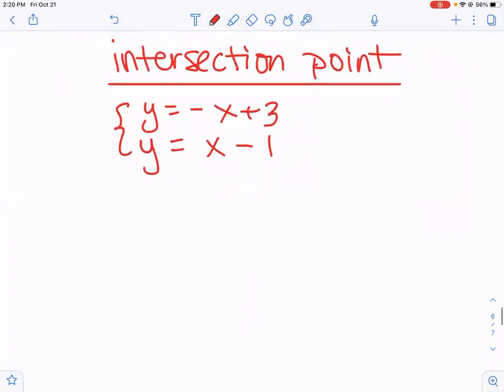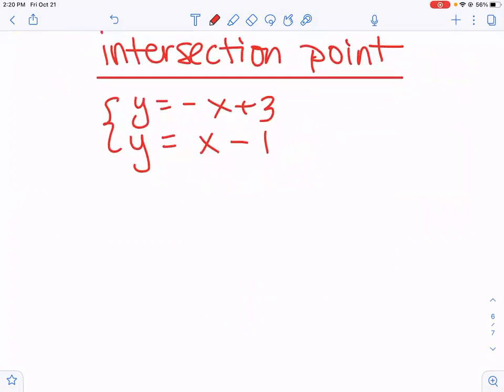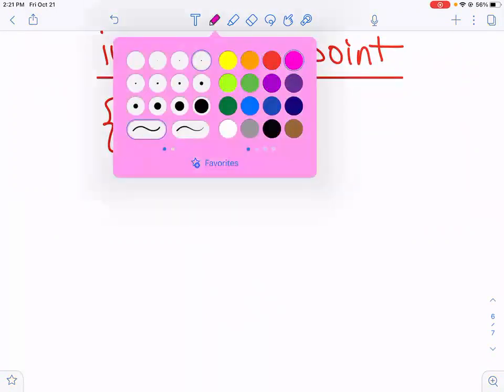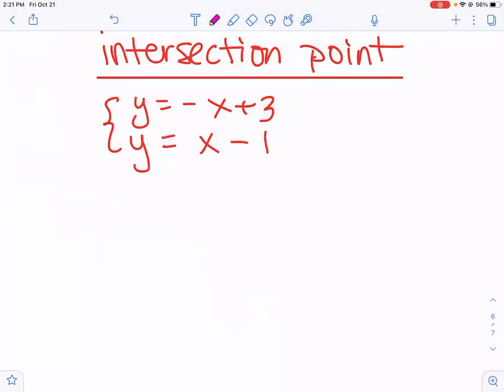Okay, look. We need to know where they intersect, which means the x and the y coordinate are going to be the same. So do you see how we have y equals this and y equals this? Layla's saying, since we know that this y has to be the same number, we can say negative x plus 3 equals x minus 1.